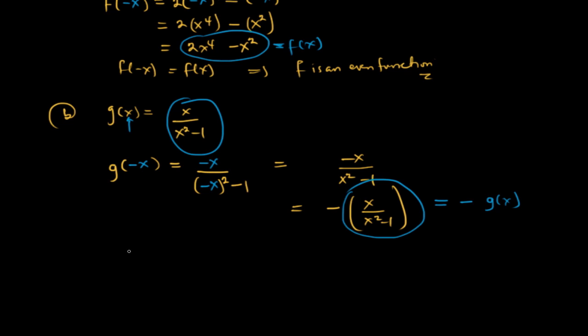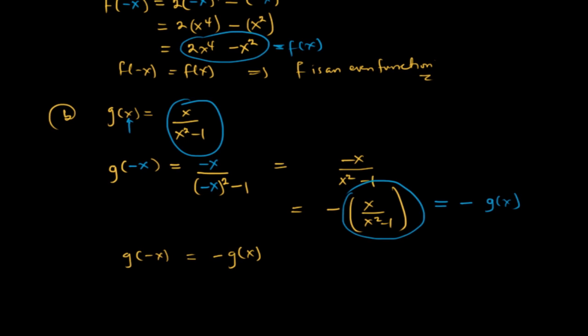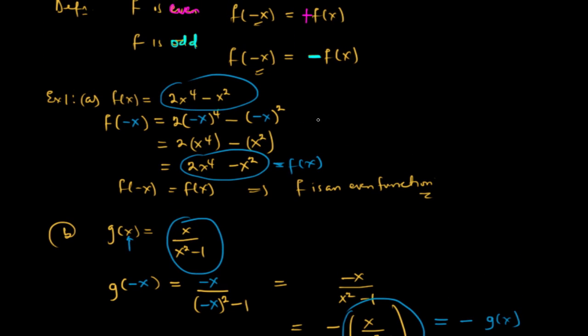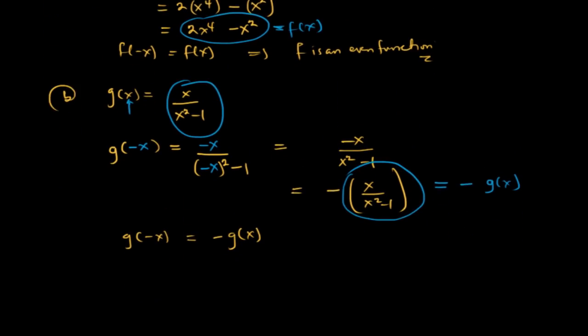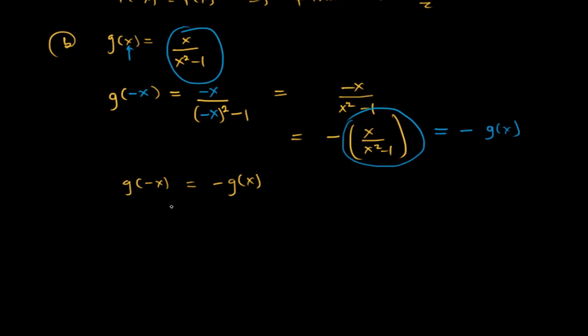So I've been able to show that g of negative x equals negative g of x, which is the definition for an odd function. Therefore, g is an odd function.